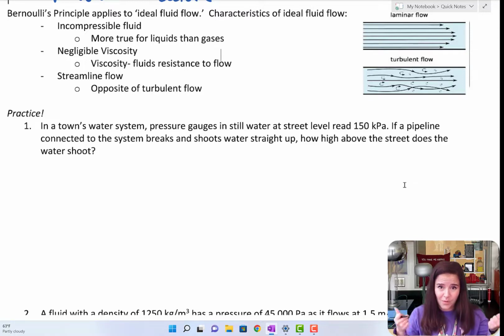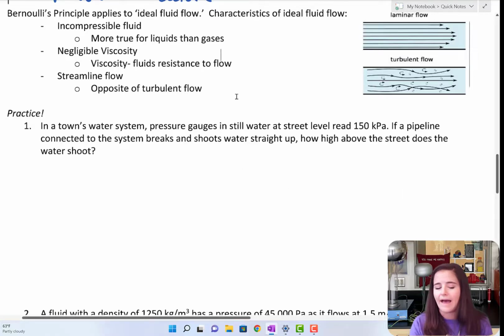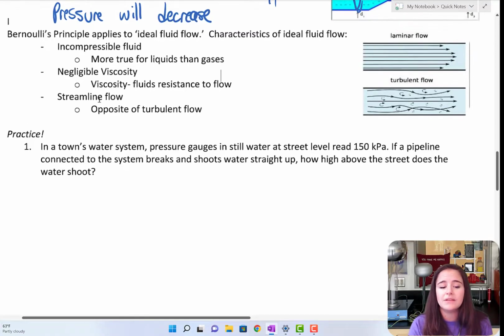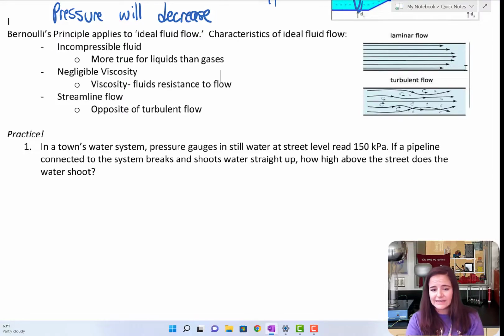If we have a syringe with water in it and we try to squish it, the water's going to shoot out. Now, viscosity is a fluid's resistance to flow. It's how much it sticks to surfaces and sticks to itself. We ignore that. And we assume that it is streamline or laminar flow and all of the water molecules are moving in the same direction. So it's a bit of a simplification, but it's a lot like ignoring friction and air resistance in that it works for us most of the time, but every now and then, not so much.